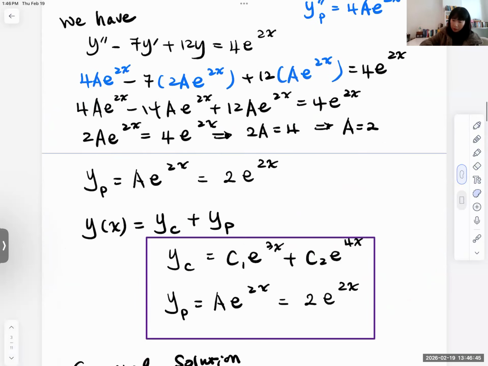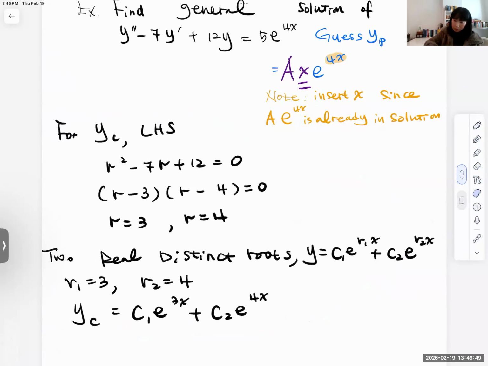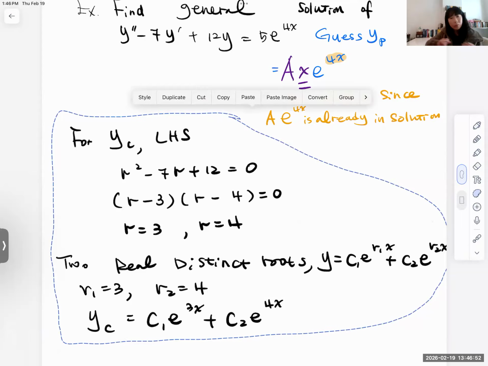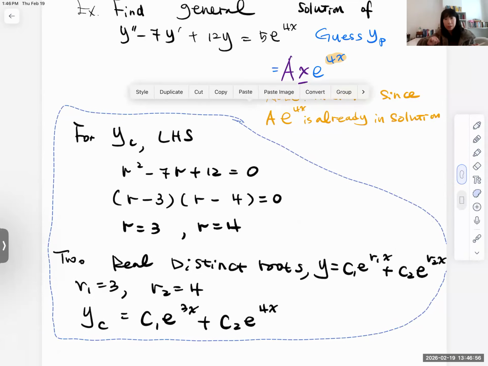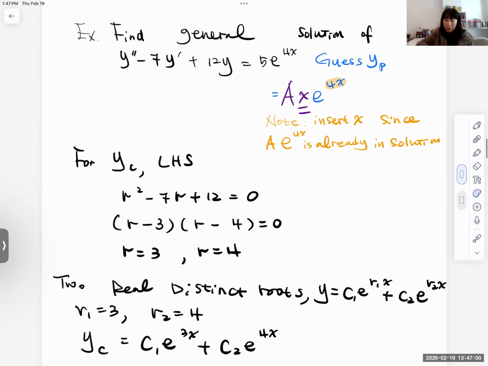Copy. Is it straight? Okay, good. It's straight, right? All right. Now, look, but then looking at the right-hand side, we have 5 e to the 4x, yeah?